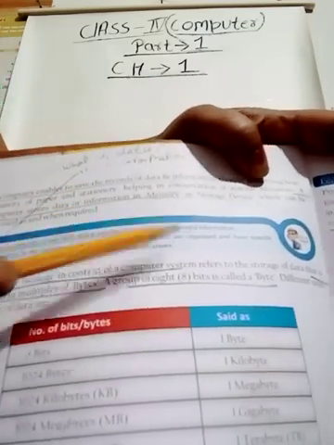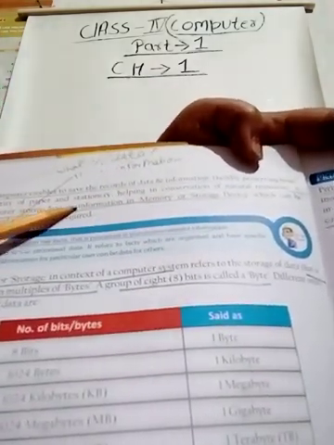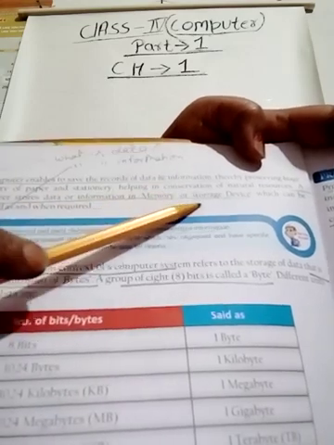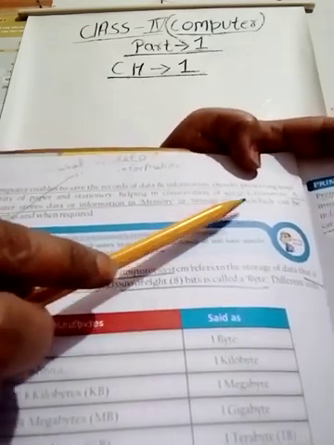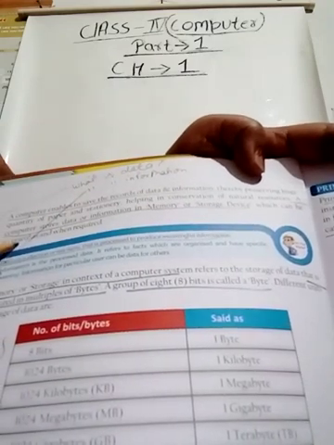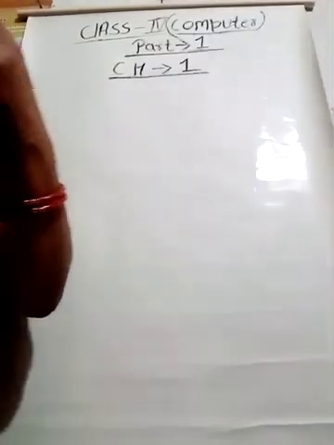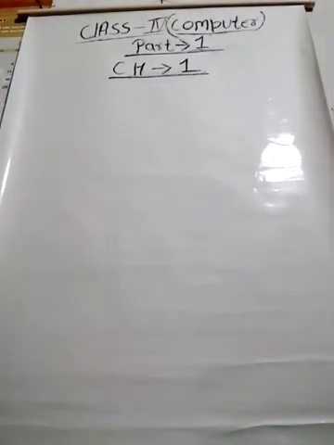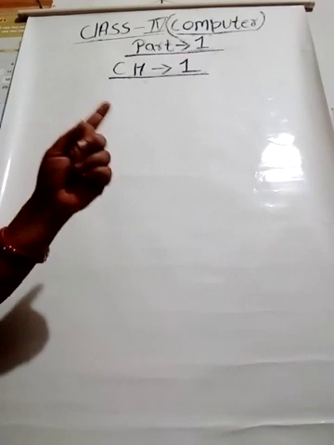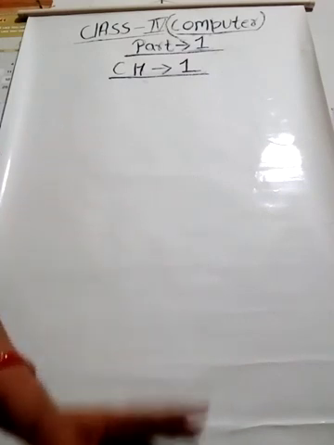It stores data or information in memory or storage devices, which can assist as and when required. So where does the computer store the data and information? It stores data and information in memory and storage devices.